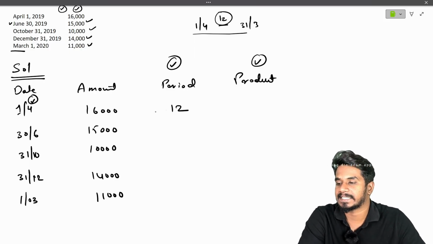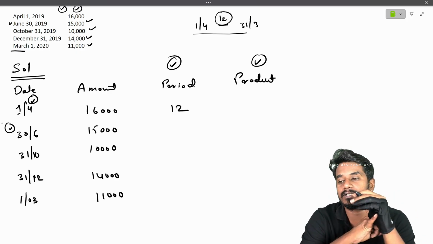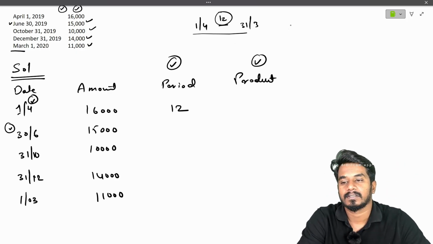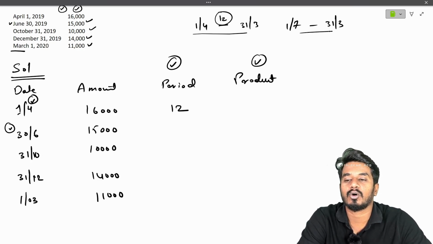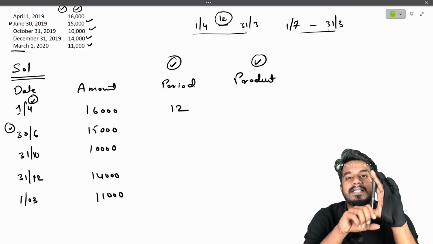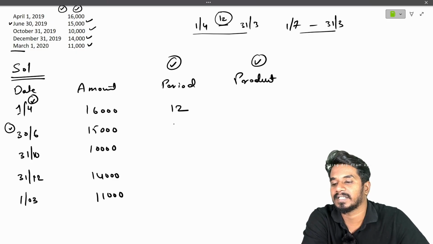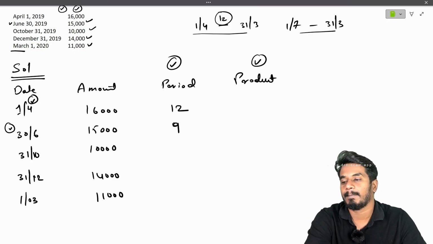Understood? Yes. So June 30th, which means from July 1st to 31st March, how many months are there? July, August, September, October, November, December, January, February, March. There are 9 months.